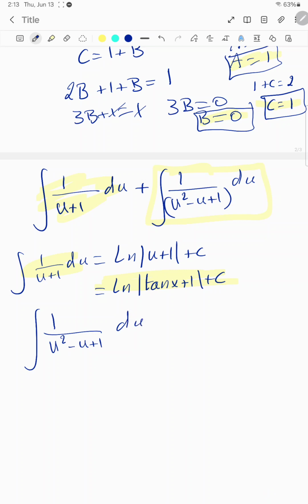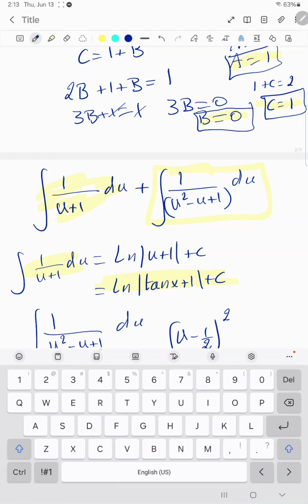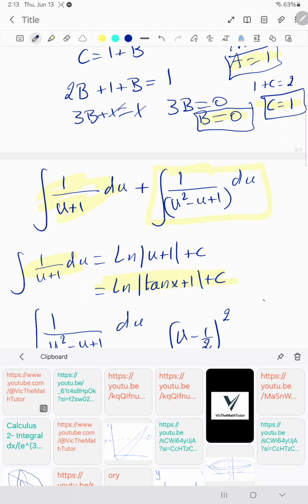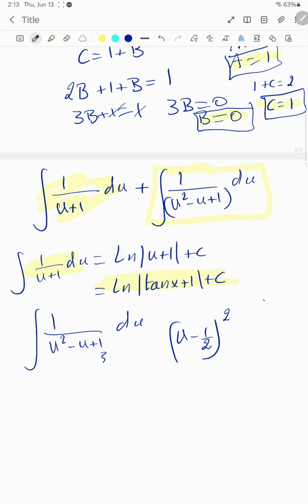If I look at it, it looks like u minus 1/2 squared, because minus 2 times 1/2 times u is minus u, and then u squared. So u minus 1/2 squared is u squared minus 2 times u times 1/2, which is minus u, plus 1/2 squared, which is 1 over 4.